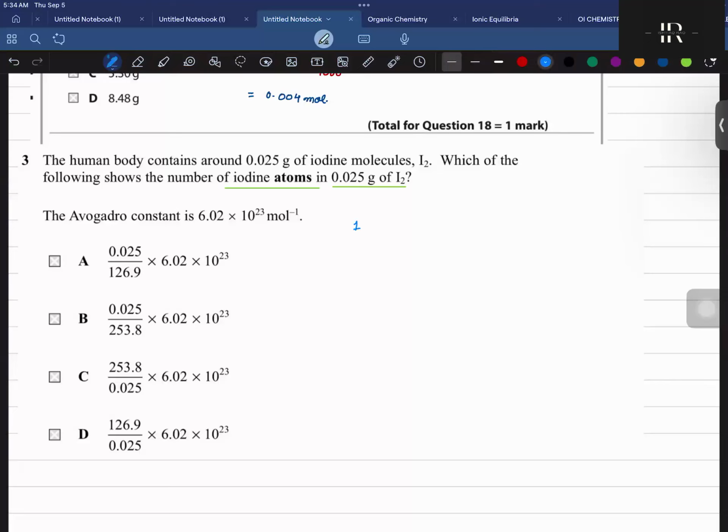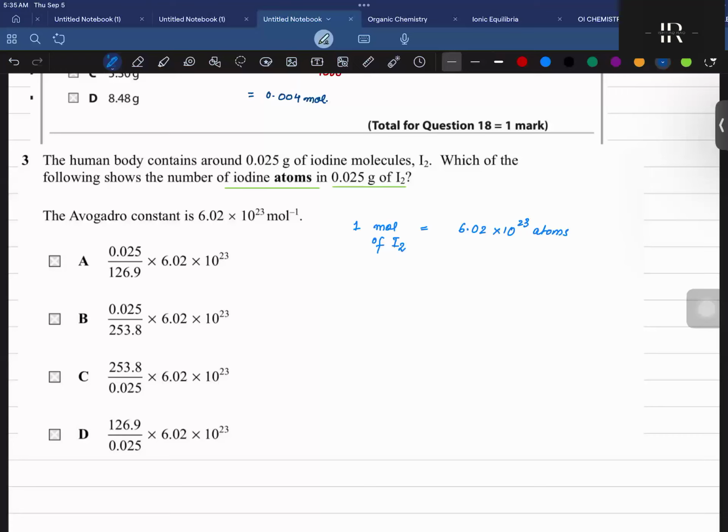So, 1 mole of I2 is equal to this much atoms. And you know 1 mole is equal to the mass of iodine in grams.